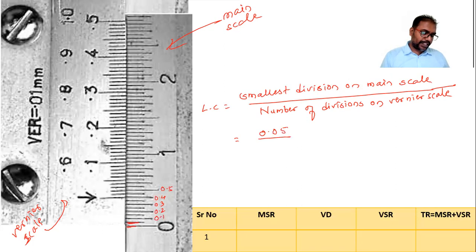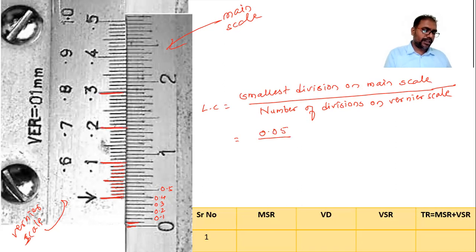So listen, this is a reference line on the vernier scale. After that, whatever lines are coming, every line is called a division. So first division, then second, third, fourth, fifth division, 6, 7, 8, 9, 10. Up to 0.1 is written. Total 10 divisions are there. Up to 0.2, 20 divisions are there.